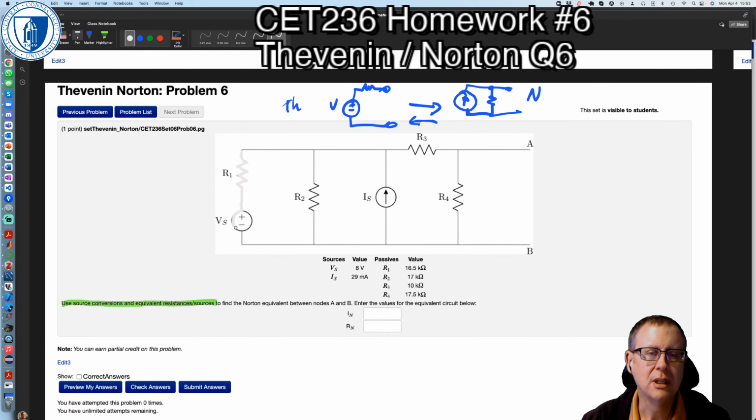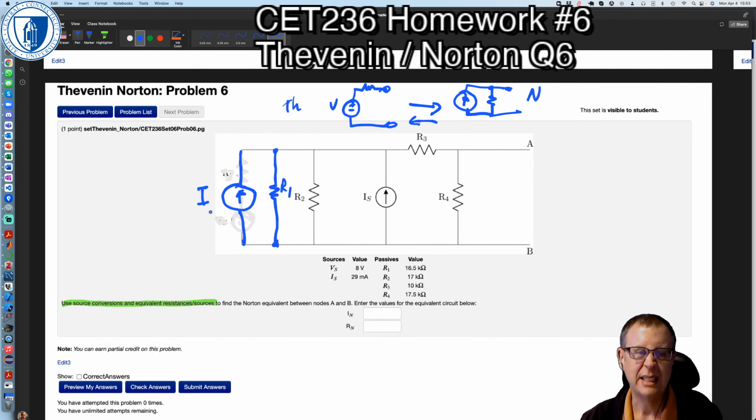So I'm just going to erase R1 and VS, and draw in R1 here, so that's now R1, and instead of a voltage source now we have a current source, and let's call that I1. Now I1 is just equal to VS on R1.